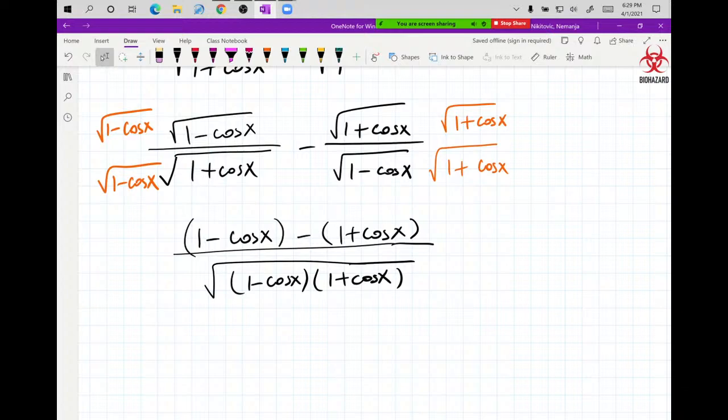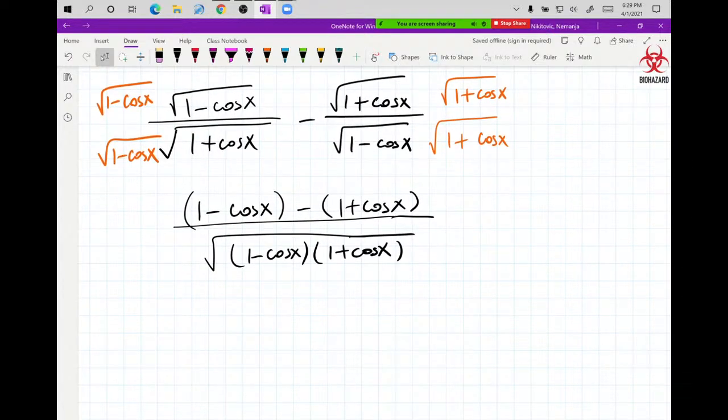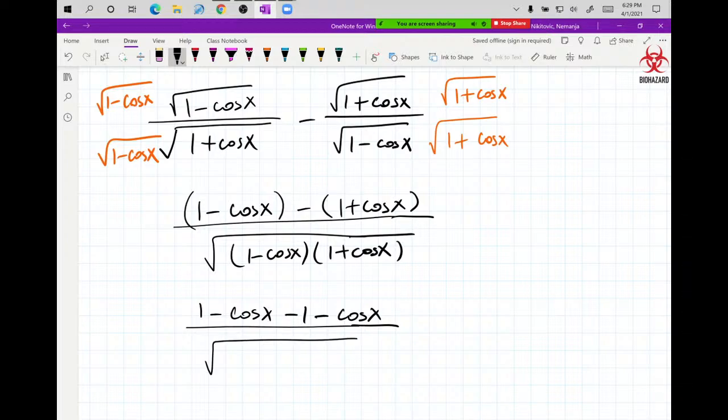Great. So what do we have on top? If you remove the parentheses, you have 1 minus cosine x minus 1 minus cosine x. And when you FOIL the denominator, you get 1 minus cosine squared x.